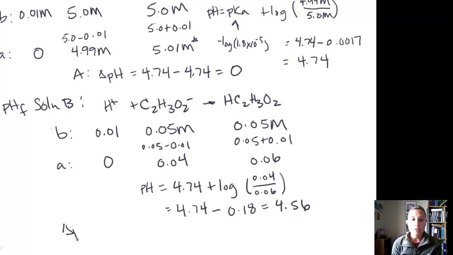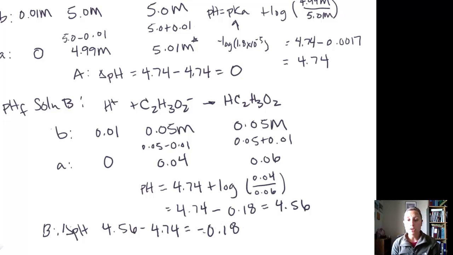So now our change in pH for solution B is our 4.56 minus our initial, which was 4.74, and so that does give us a small change, but still a change. And so we can see that for solution B, its buffering capacity is not as great as that for solution A.